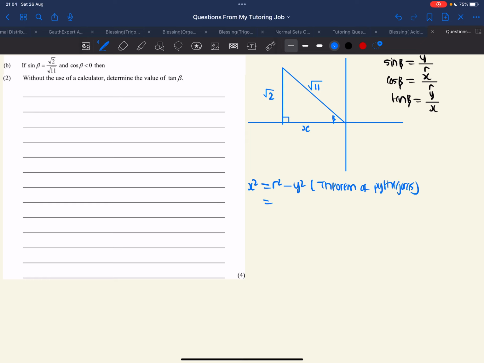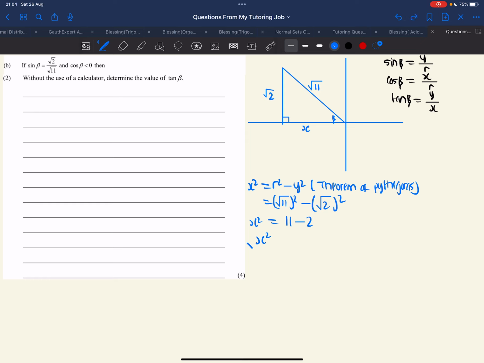Now we have that r is given as square root 11, squared, minus y, which is square root 2, squared. Then x squared equals 11 minus 2.